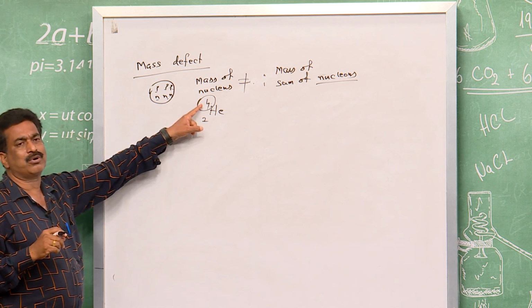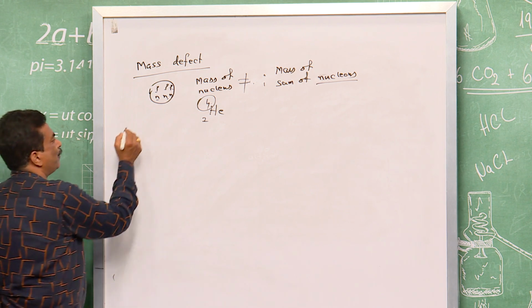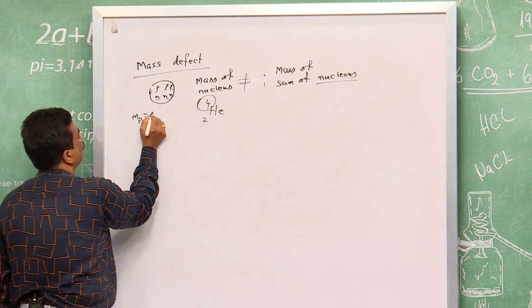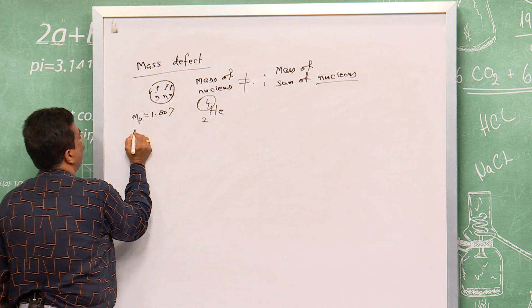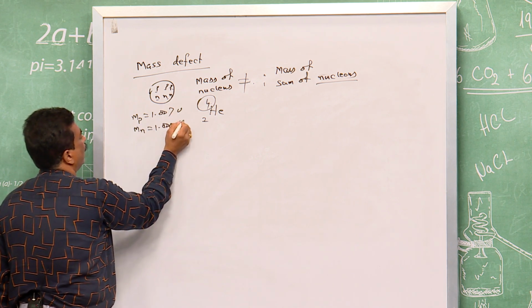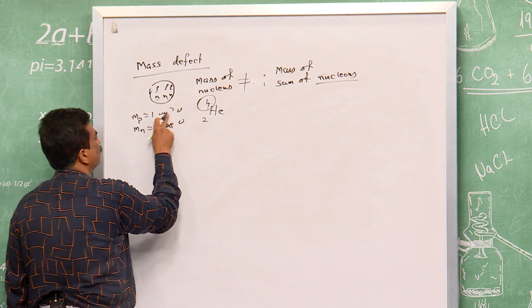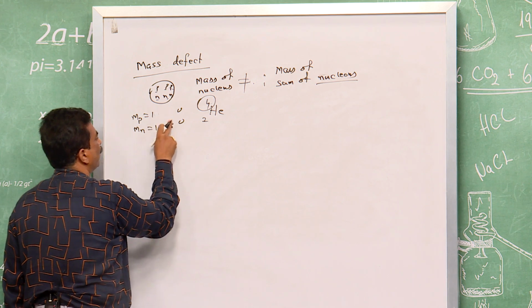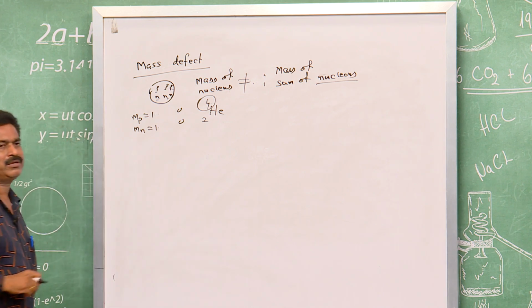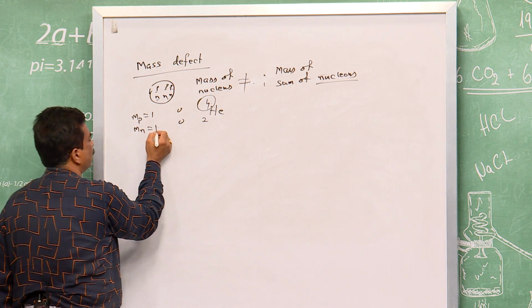The mass of the proton is 1.007 and the mass of the neutron is 1.008 AMU. AMU is represented by U. So 1.007 is taken as 1, and 1.008 is also taken as 1.